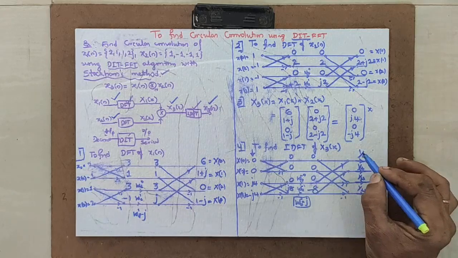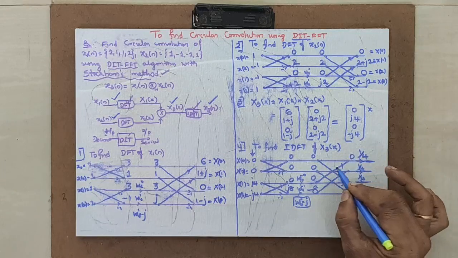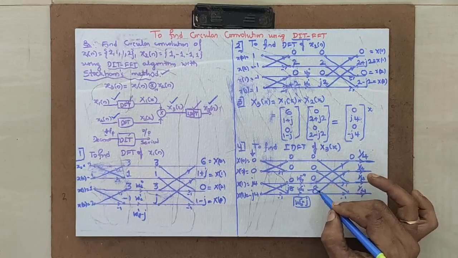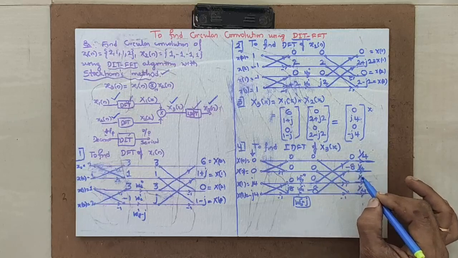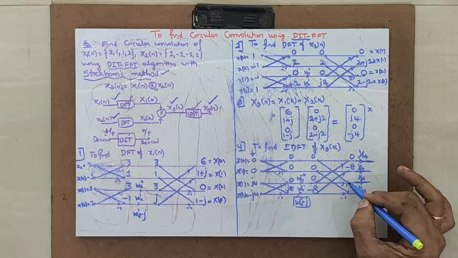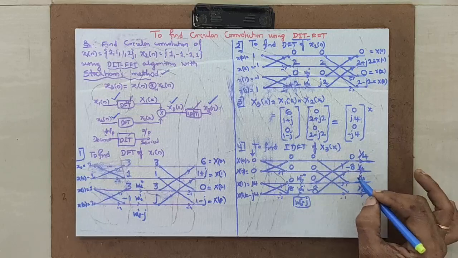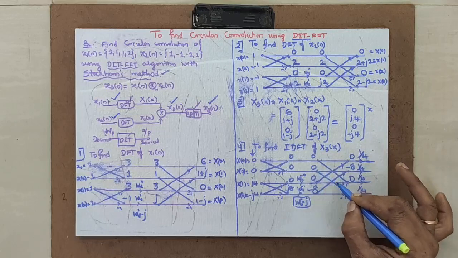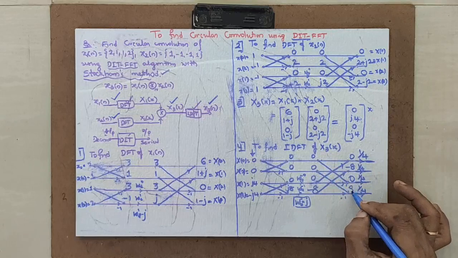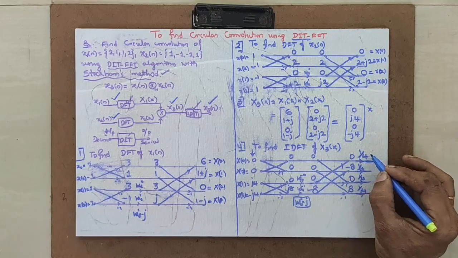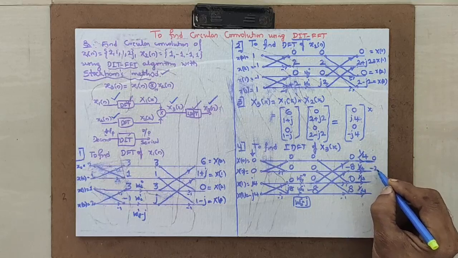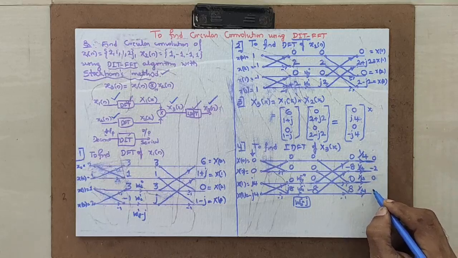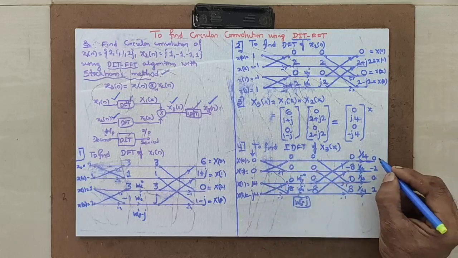Right. Now 0 plus 0, 0. 0 minus 8. You see here, minus 8. Summed up, minus 8. Then here 0 minus 0, 0. Then 0 minus 8, 8. Now, after transferring through the multiplying factor, it is 0, it is minus 2, it is 0, and this is 2. Now, here it is decimated, here it is serial, correct?